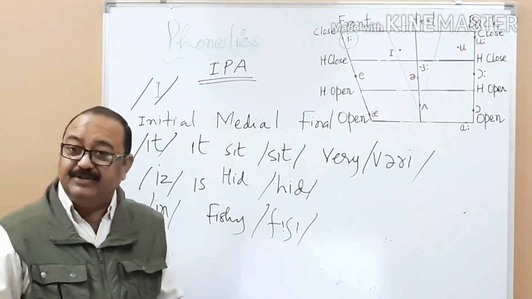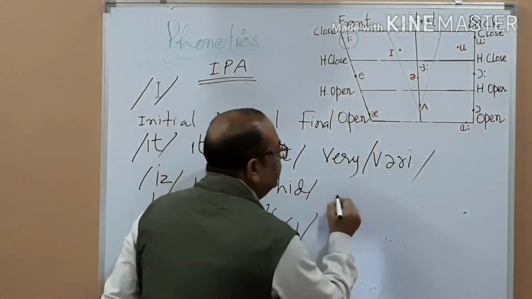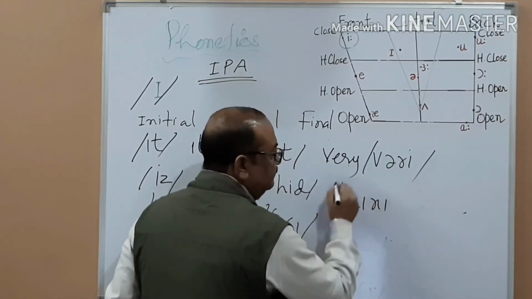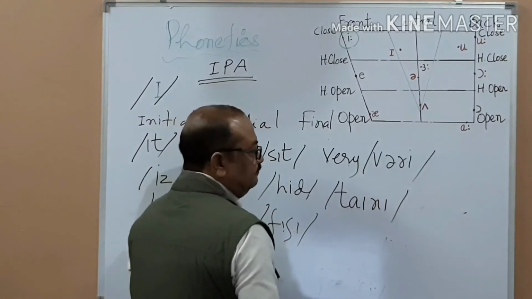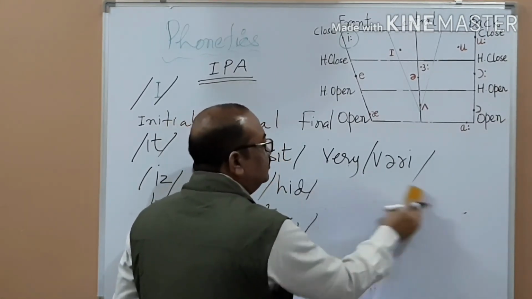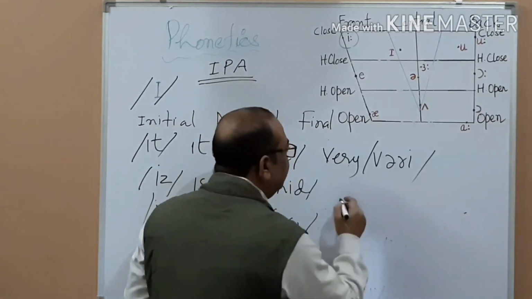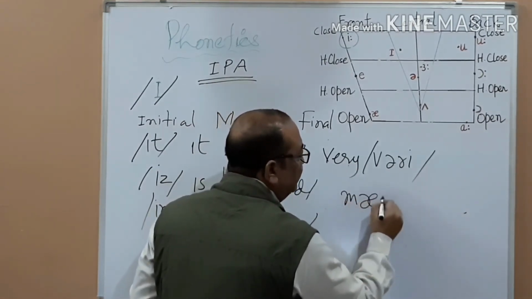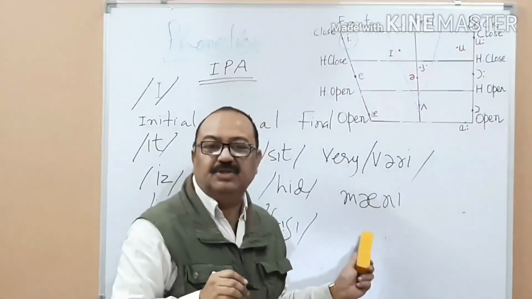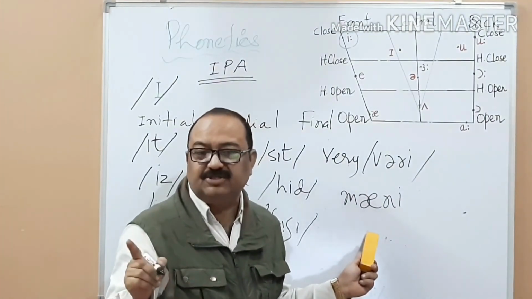More words? Tiny. Okay, tiny. So tiny you write like this. Tie and me. This is how you write. Many. Okay, good. Many you write like this. But this is how many would write, but this is not the right pronunciation.